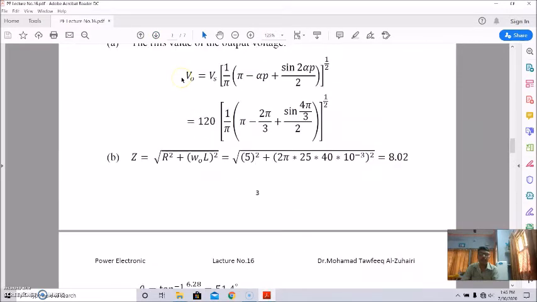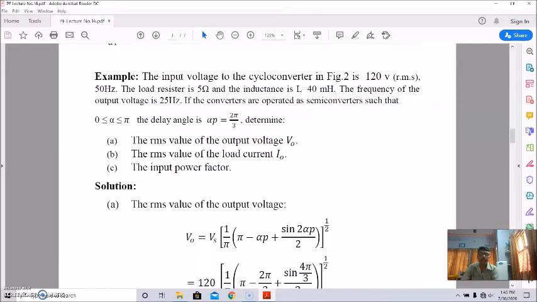The input voltage is 120 volt RMS with 50 Hz supply frequency. The load resistor is 5 ohm and the inductance is 40 millihenry. The frequency of the output voltage is 25 Hz.